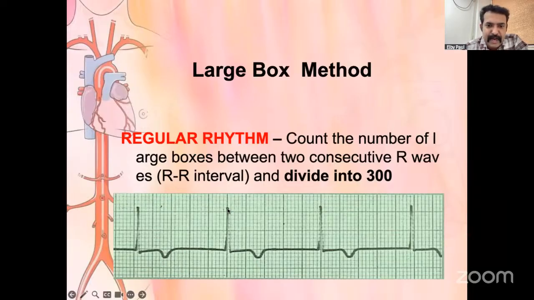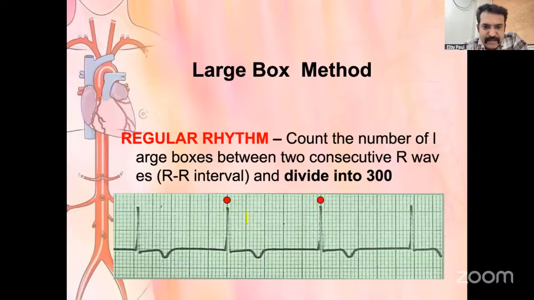This one is the R wave, and this one is the next R wave. There are some big squares in between the RR intervals: 1 big square, 2, 3, 4. We count the big squares between the RR intervals and divide 300 by that number to get the heart rate.